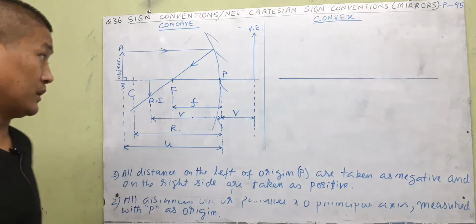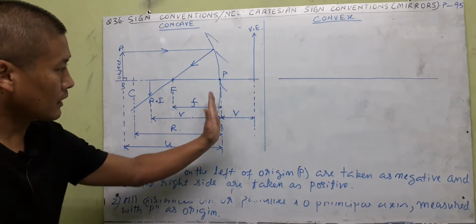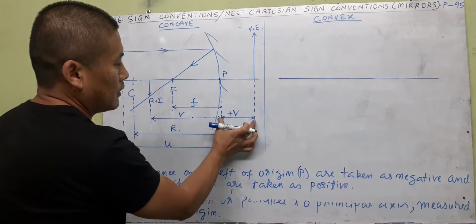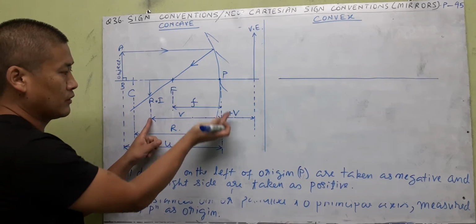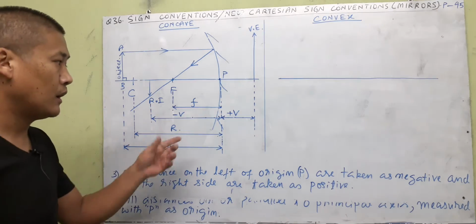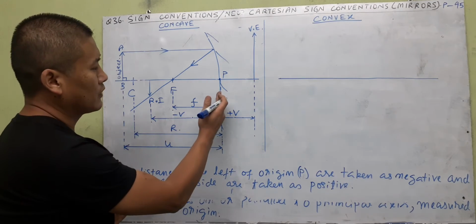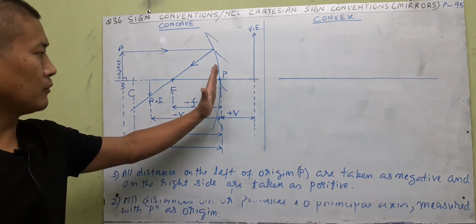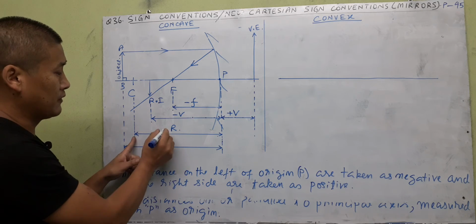Let us see what this means. If you look at this one, this V is measured on the right side of P, so V will be plus when the image is virtual erect. And this V, the other one, is measured on the left side of P, so V will be minus when the image is real inverted. F, the focal length of this concave mirror, is measured on the left side of origin P, so F of a concave mirror is always negative. R, the radius of curvature of a concave mirror, is also measured on the left, so it is always negative.